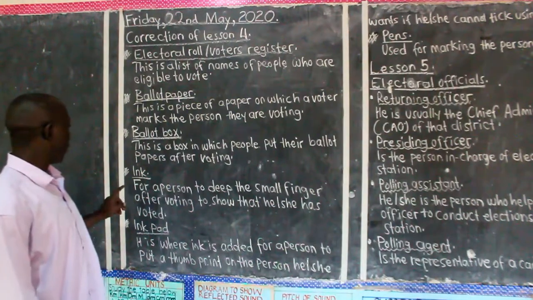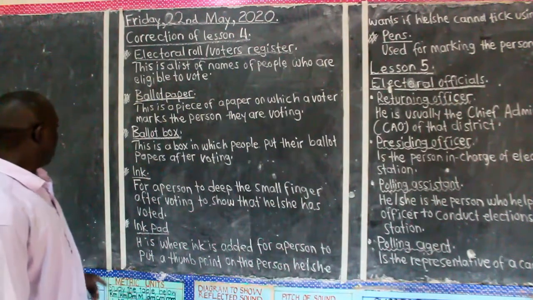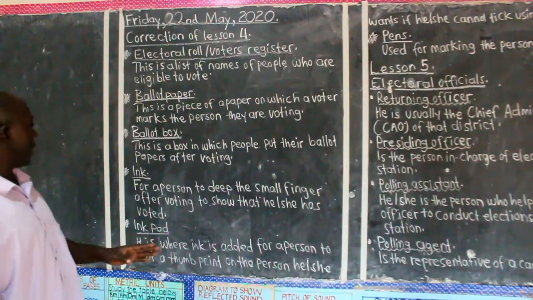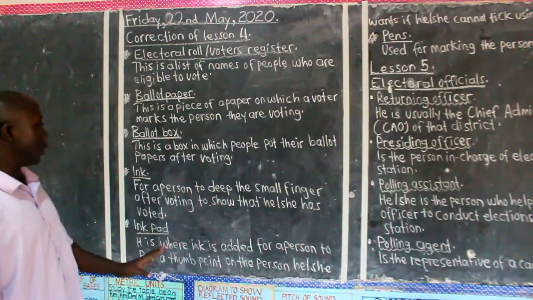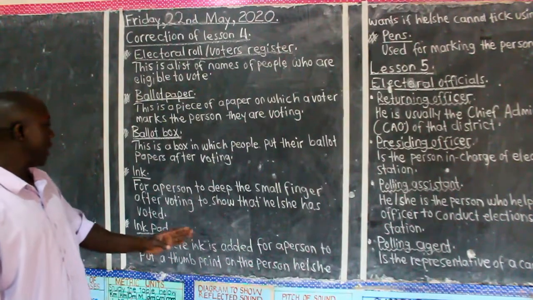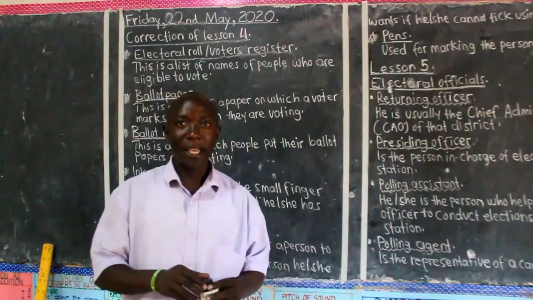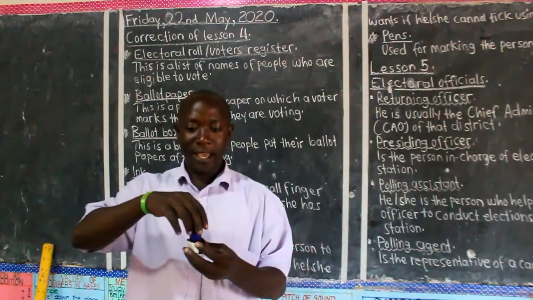Then we have what we call ink. Ink is for a person to dip the small finger in after voting, to show that he or she has voted. Ink can be like this one we are seeing here.